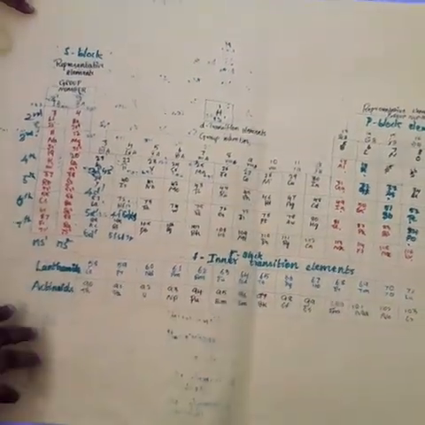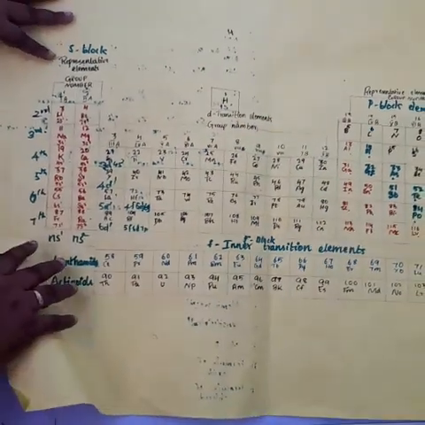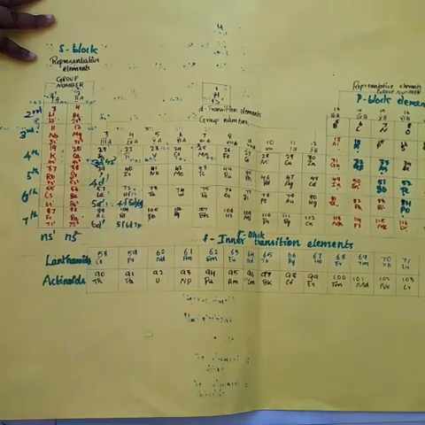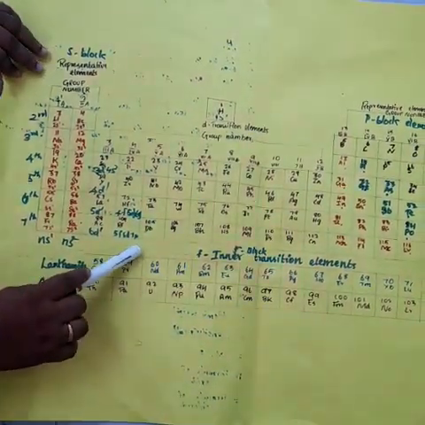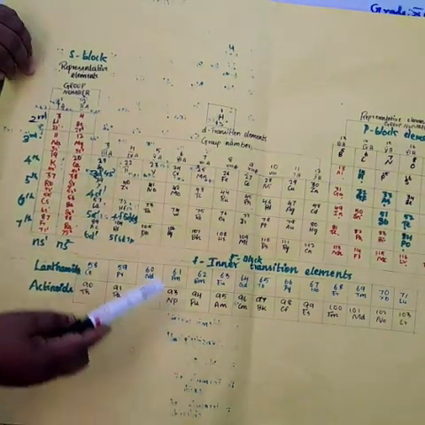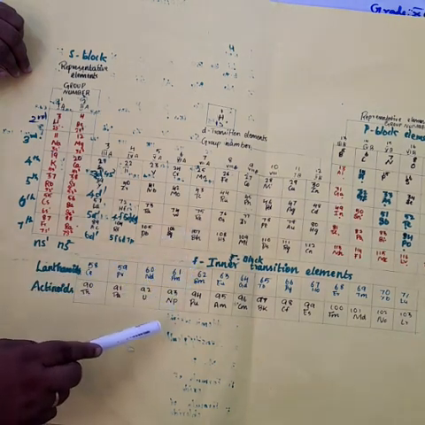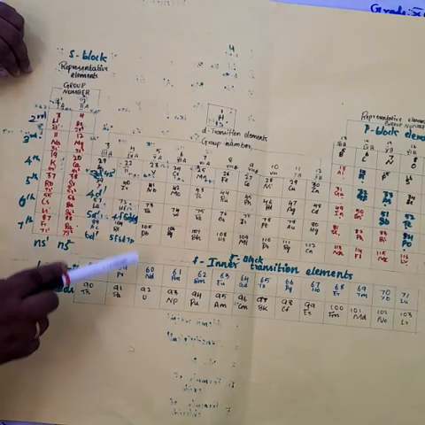The lanthanides take place after lanthanum, and the actinides take place after actinium. Why are these called F block elements? Because the outermost new electrons enter the F orbital, so they are called F block elements.